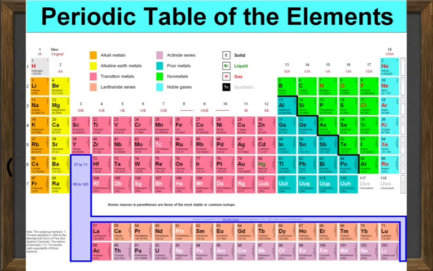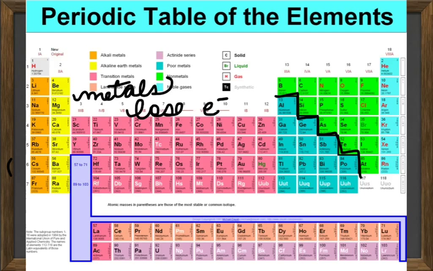Okay, if we go back and look again at the elements on either side of this stair step, we label these things on the left as metals. And it's important to note that metals tend to lose electrons in a chemical reaction. They lose their electrons.